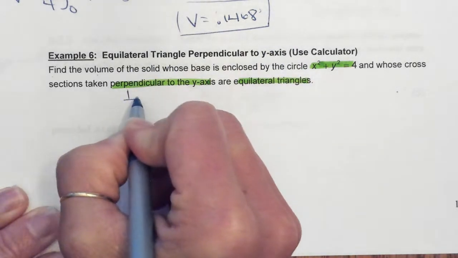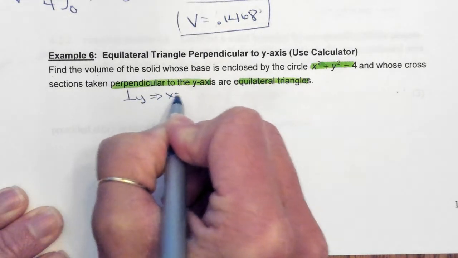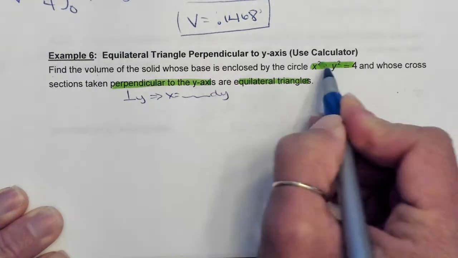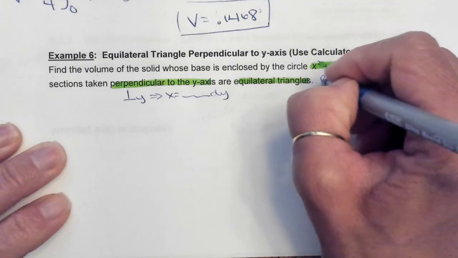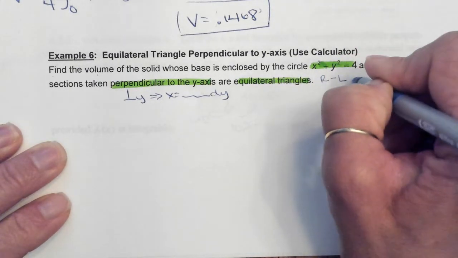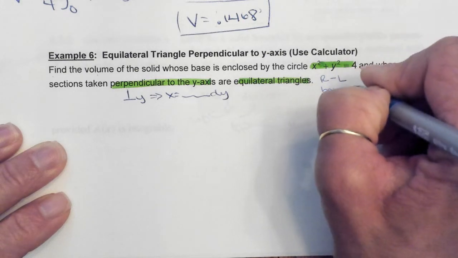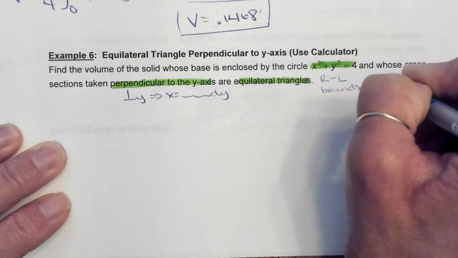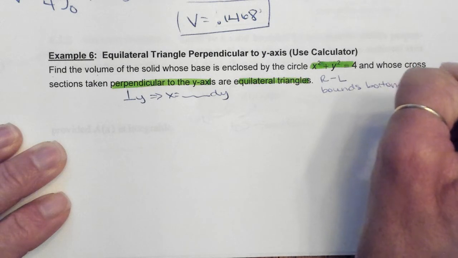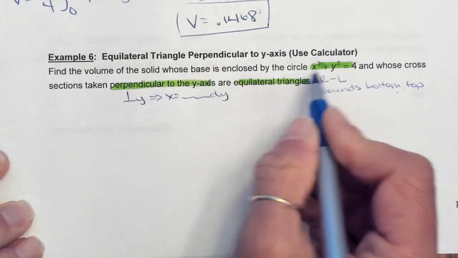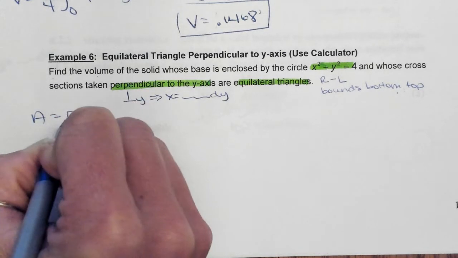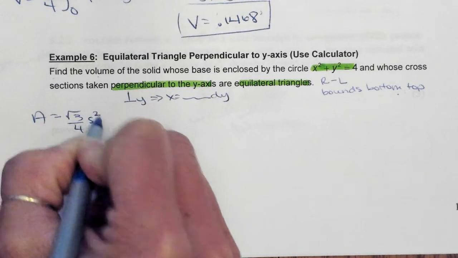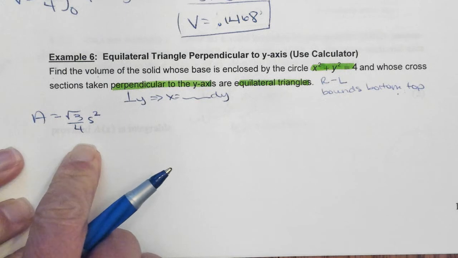Perpendicular to the y-axis means x is equal to something dy, so we're going to have to solve this for x, okay, which means I need a right minus a left, and my bounds are going to be from bottom to top. Okay, perpendicular to the y-axis, equilateral triangle, so the area is the square root of 3 over 4 s squared, because we used this already on the previous page.